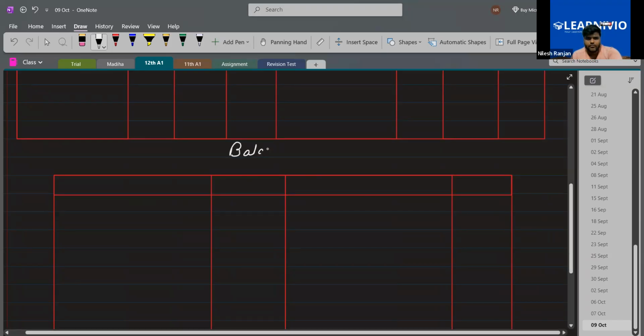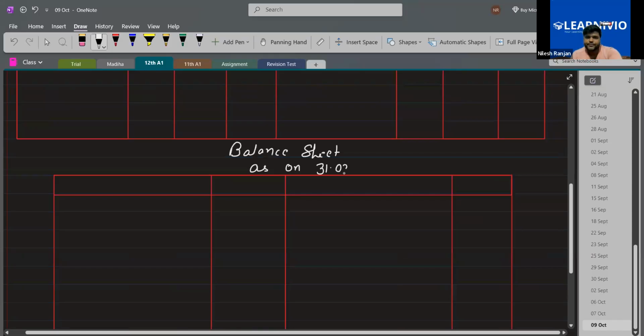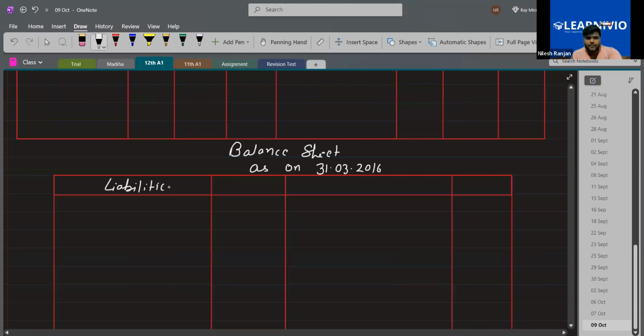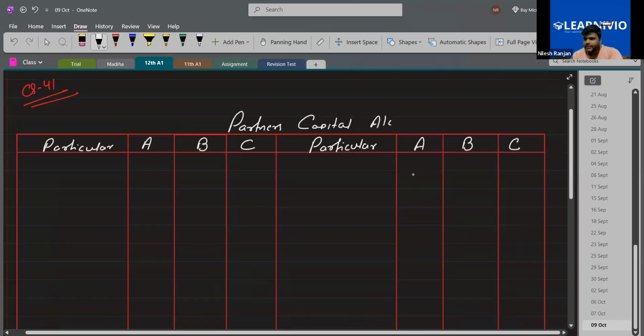Yeah, now I can see your screen. As on 31st March 2016, it is... Okay, so this is the main thing that we have to do.